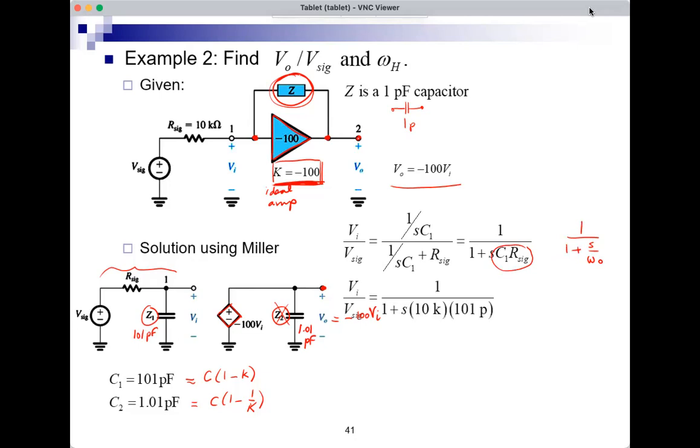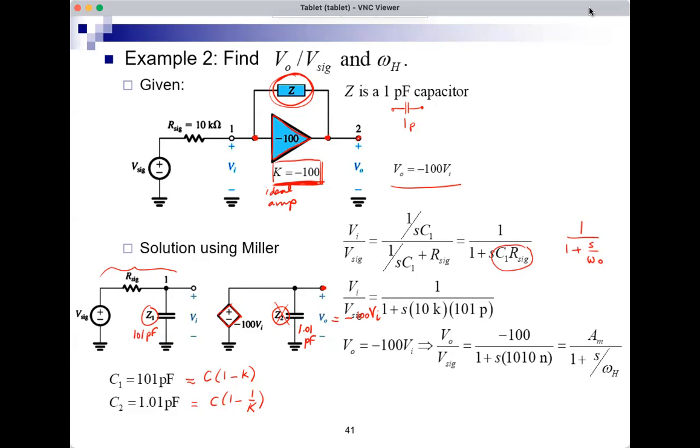The output is minus 100 VI. So VO over V sig is minus 100 divided by 1 plus S over omega 0. And 1 over omega 0 is equal to R sig C1, which is 1000 nano, 1010. So that's the transfer function.